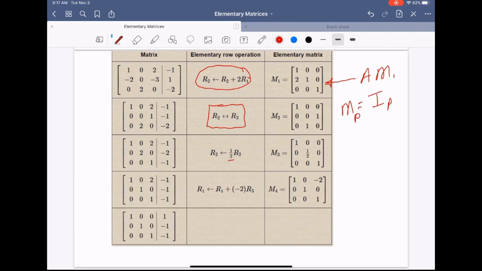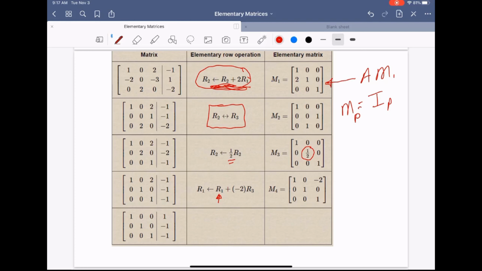Here we use 1/2, and that illustrates the fact that you don't always need to have whole numbers in your elementary matrix. And the final one here is simply where we replace row 1 with a multiple of some other row, which is similar to the first one that we looked at. All right, where we have row 2, this one up here, row 2 replaced by row 2 plus 2 times row 1.